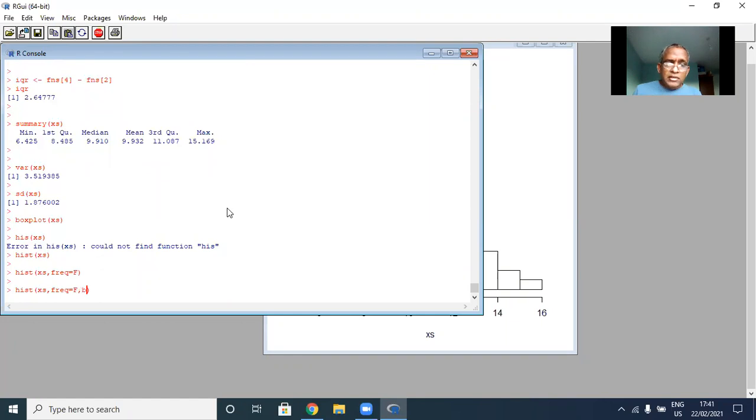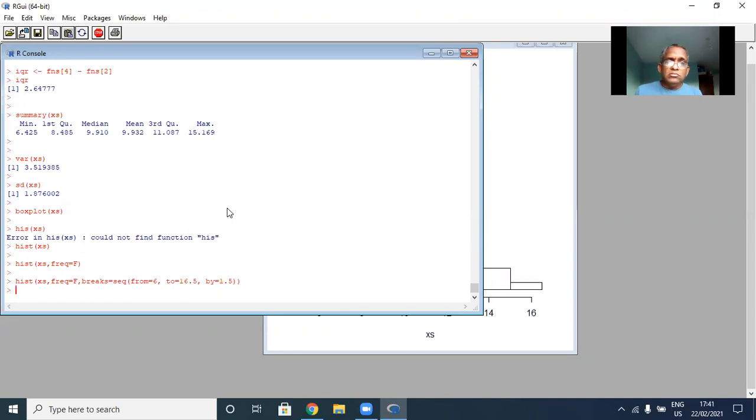You should say breaks equals, say, seq from 6 to 16.5 in steps of 1.5. This is what you will get.